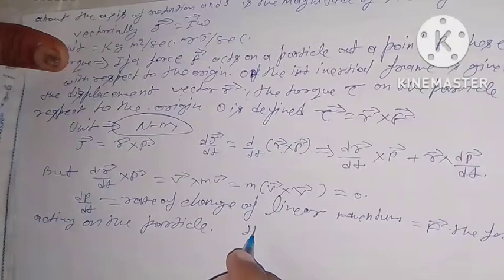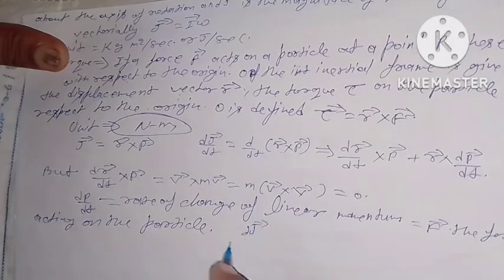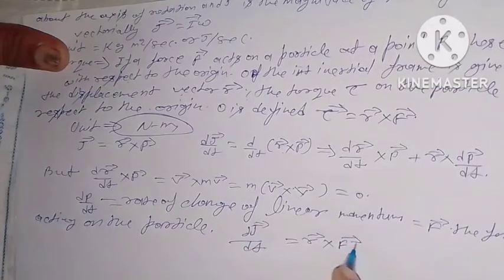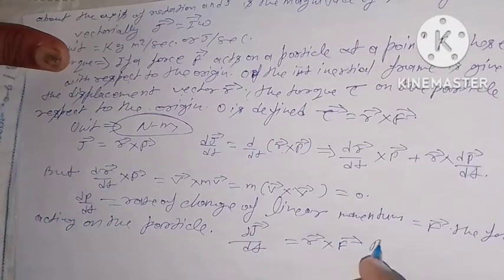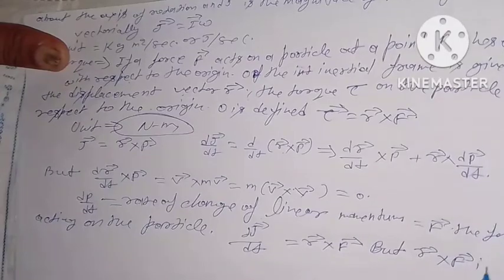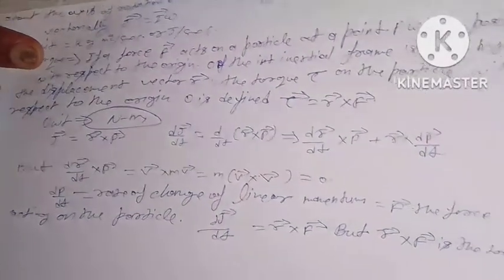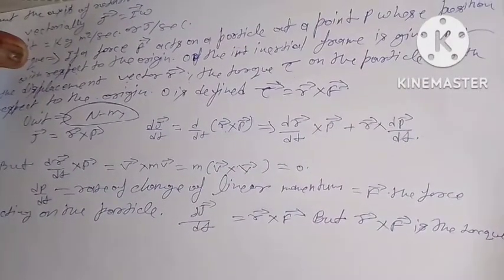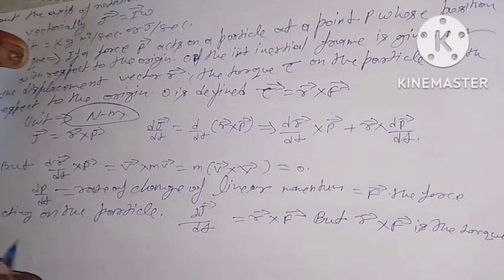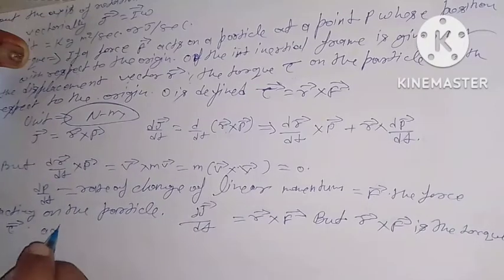So dJ upon dt equal to vector r cross vector F, but vector r cross vector F is the torque, torque vector tau acting on the particle.